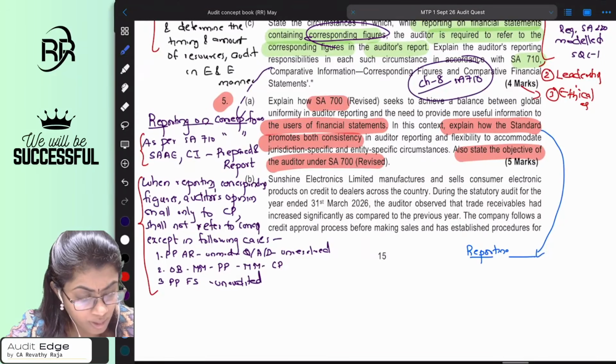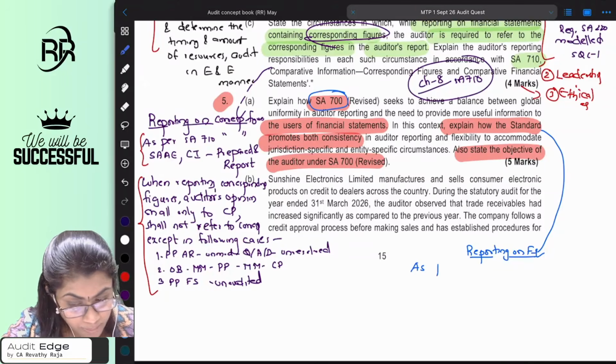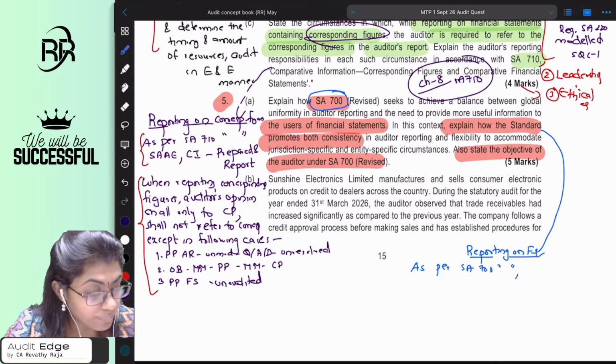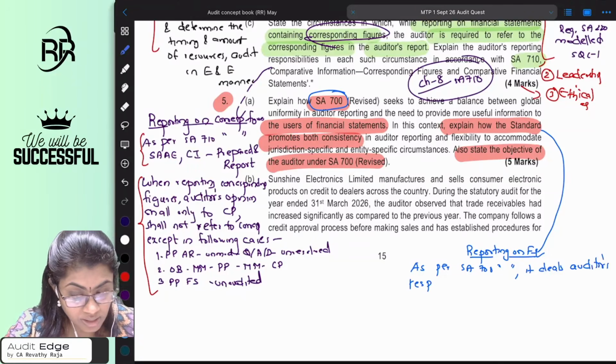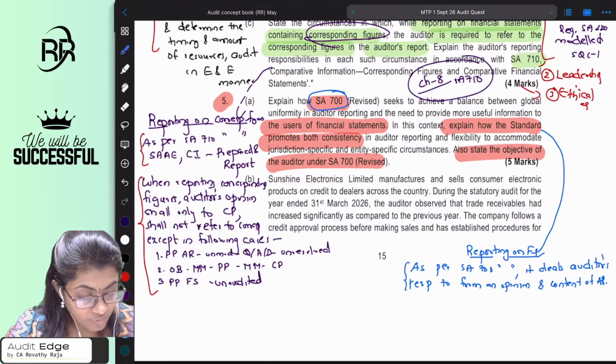As per SA 700, forming an opinion and reporting on financial statements, it deals with the auditor's responsibility to form an opinion and the content of the audit report. That should be the first part.